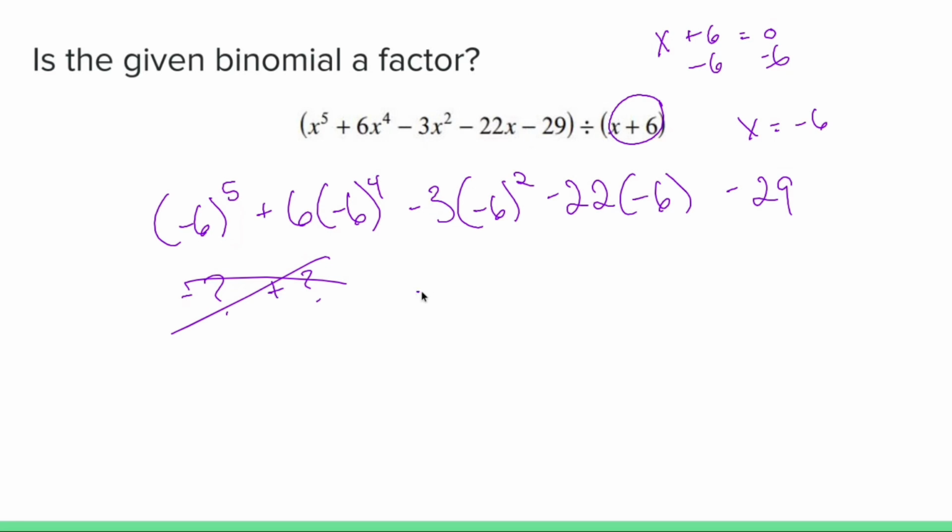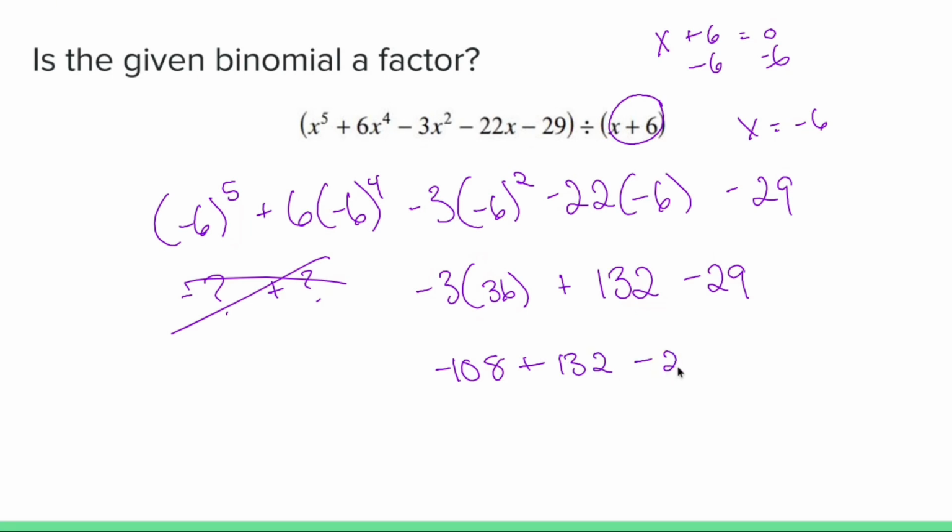Now that's going to be minus 3 times 36, minus 22 times negative 6 is going to be plus 132, I believe, minus 29. Negative 3 times 36 is negative 108 plus 132 minus 29.